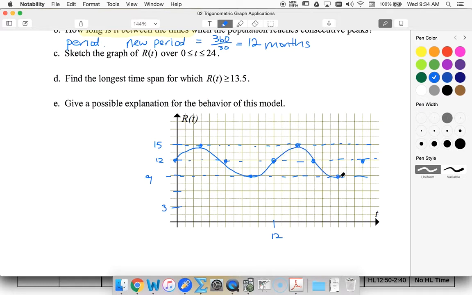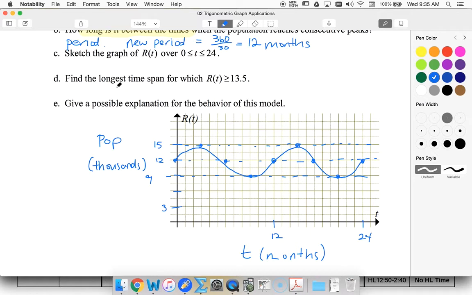All right, so there's 2 cycles. That's what it asked me for, 0 to 24 months. So this is t measured in months, and this is population measured in thousands of rabbits.